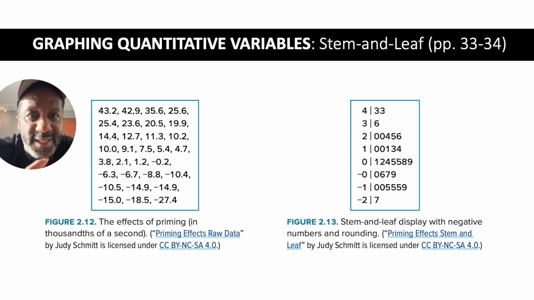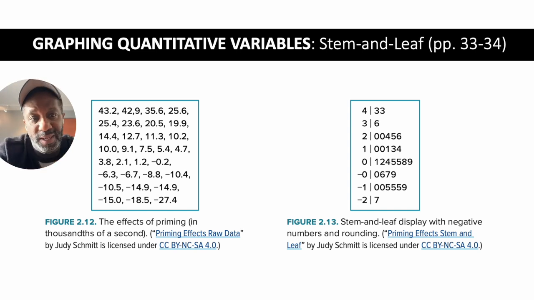You can see that this data set presents priming. A lot of research that is performed is how quickly does a respondent or participant respond after receiving a particular stimulus. So we're seeing a range of response from participants from 43.2 seconds all the way to negative 27.4 seconds. Not sure what the study is, but you can see this range.